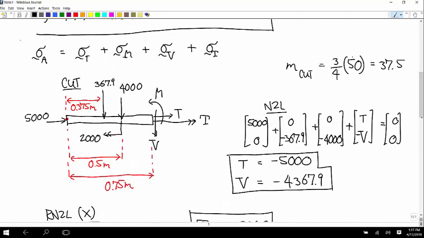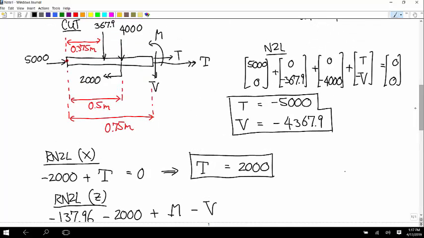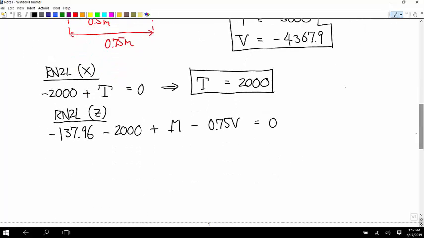And then we have plus M minus V times its moment arm, and this time that's usually minus Vx, but now we know x is 0.75. So I'll do that as 0.75 V, is equal to 0.